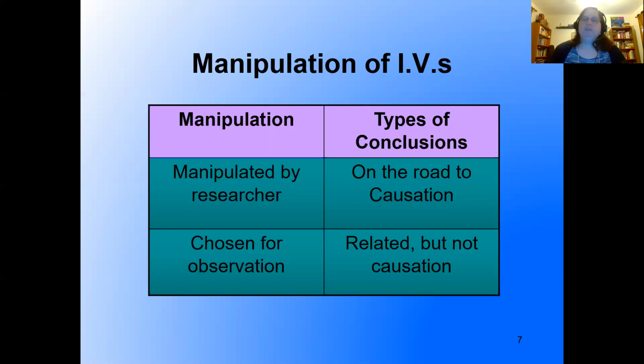Let me give you one more example. Let's talk about the after effects of a natural disaster. So let's say a hurricane, for example. Well, we can't decide who will be involved in a natural disaster or not. That's simply chosen for observation. We might look at people who have been involved in a natural disaster and people who have not and compare their post-traumatic stress levels.